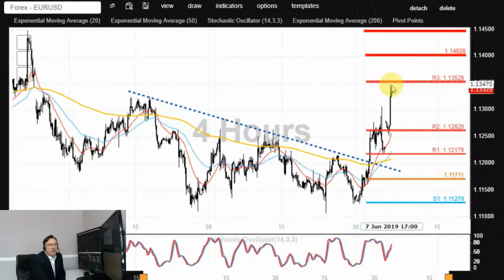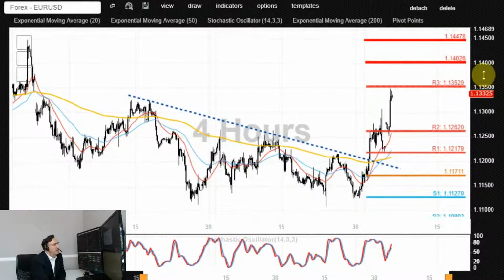Controlled pullbacks from the current highs into 1.13 and a rally from there, or potentially a dip towards 1.1260 and a rally from there, would further support this current bullish breakout price action, potentially targeting upside resistances towards 1.14, possibly even 1.1450, which is signified by this current swing high.